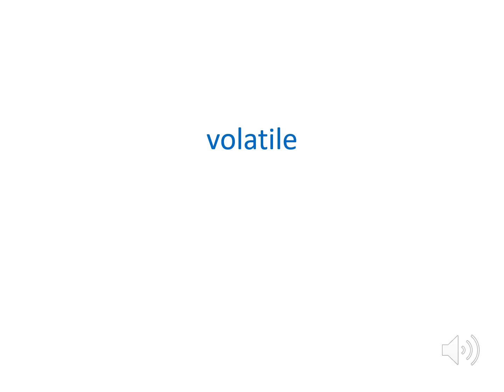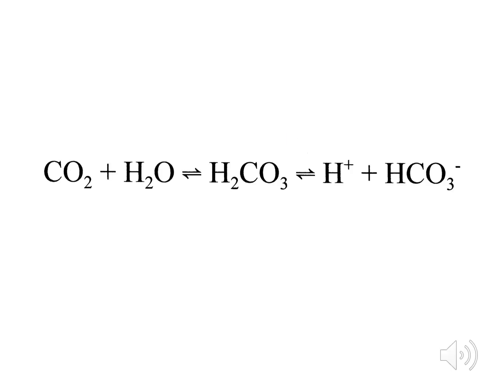It can be changed into a gas so it can be exhaled from the body by the lungs in the form of carbon dioxide. Remember this equation? Okay, that's carbonic acid there in the middle, H2CO3. And you can see, according to this equation, that carbonic acid can be broken down into carbon dioxide and water. And then the carbon dioxide can be exhaled by the lungs.